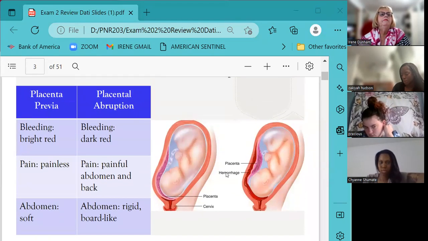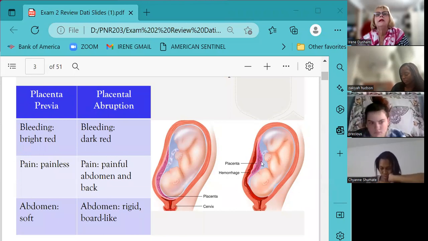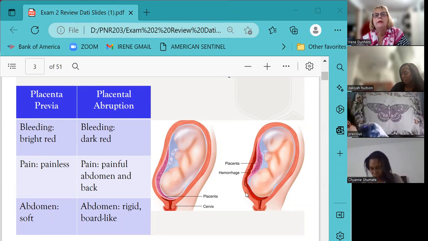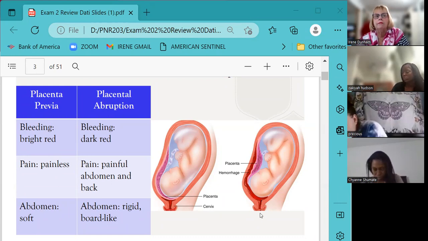Now, when you have an abruption, you have bleeding and it's dark. See here in this picture, the placenta is coming right off the endometrium, so the blood is higher up. By the time it comes out of the cervix, it is dark red.